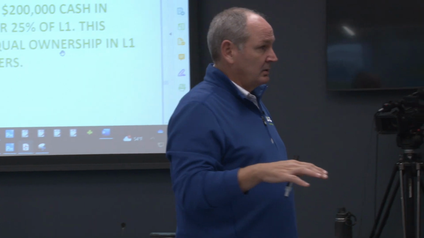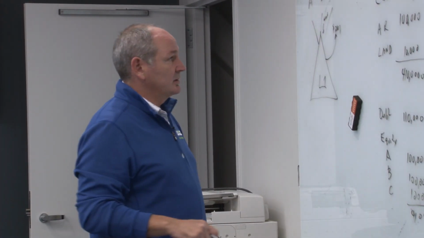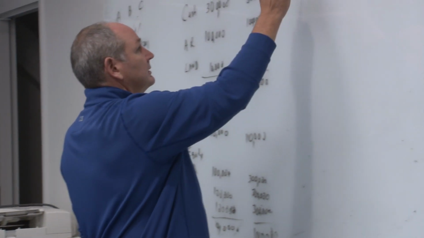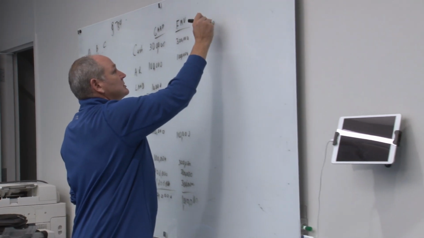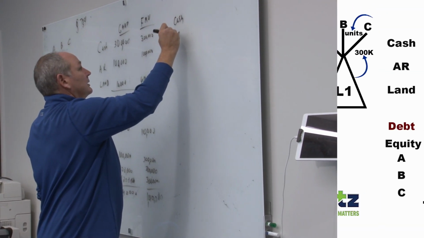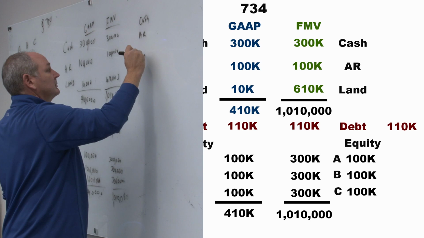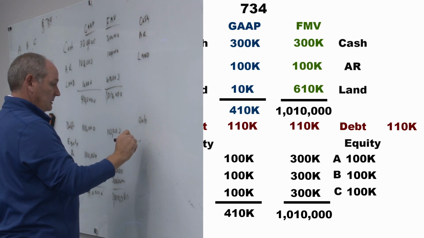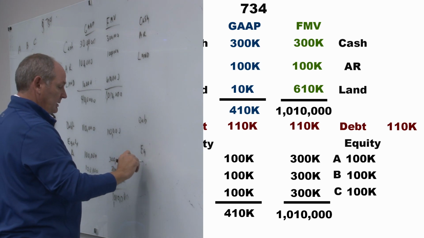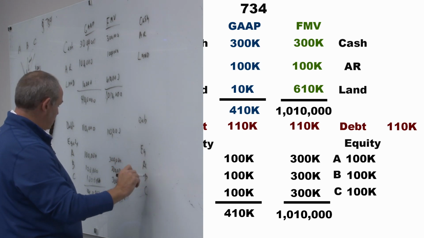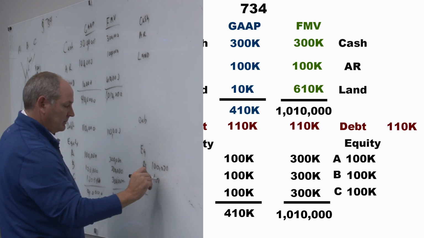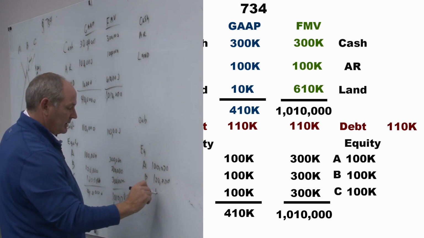Okay? So, if we think about this in terms of debits and credits, I'm going to rewrite this over here for a second. Cash, AR, land, and I got debt, equity, A, B, C, 100, 100, 100.